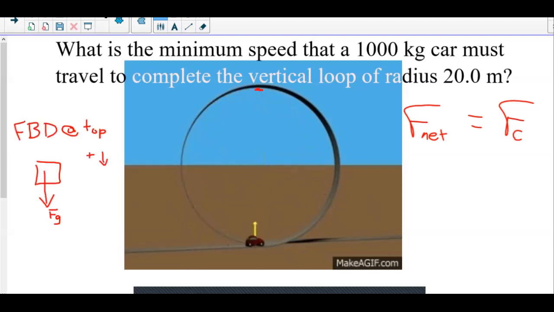So your free body diagram at the very top, at this point right here, only has your weight pulling it down, and since your net force is the sum of all forces, your net force is equal to your weight.